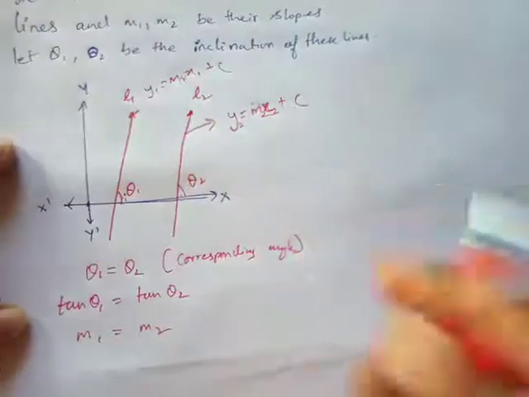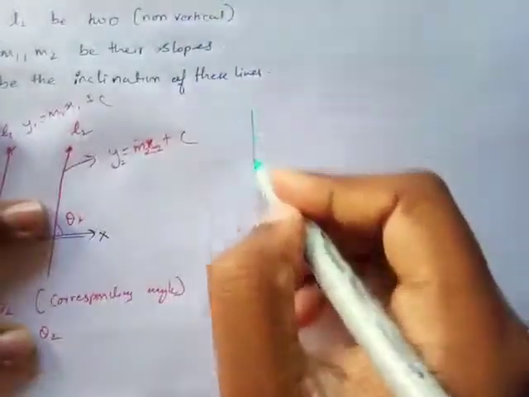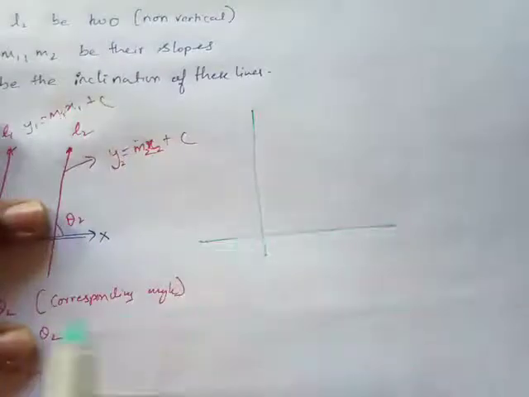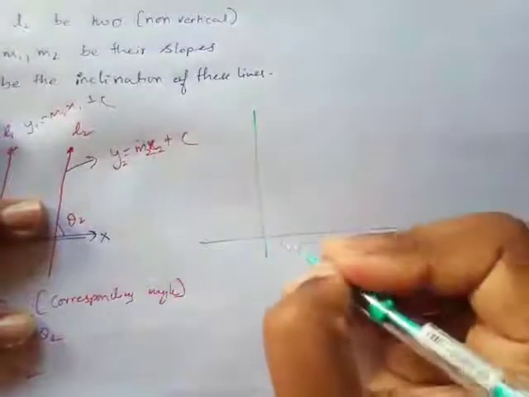Let's see perpendicular lines. If I have two lines, I'll make the graph first. I hope all of you can see the graph. Then I'm going to make two lines.